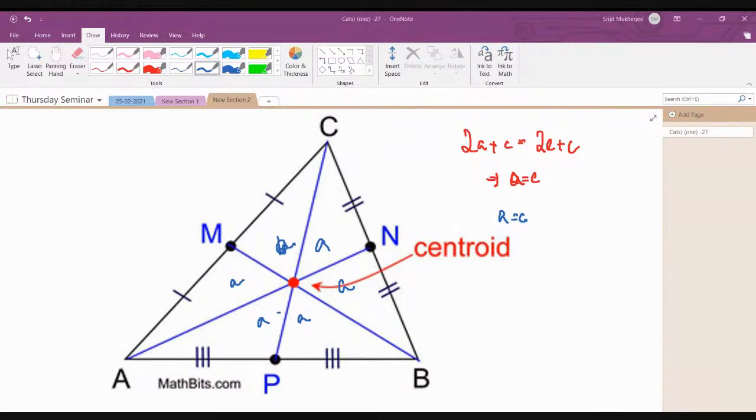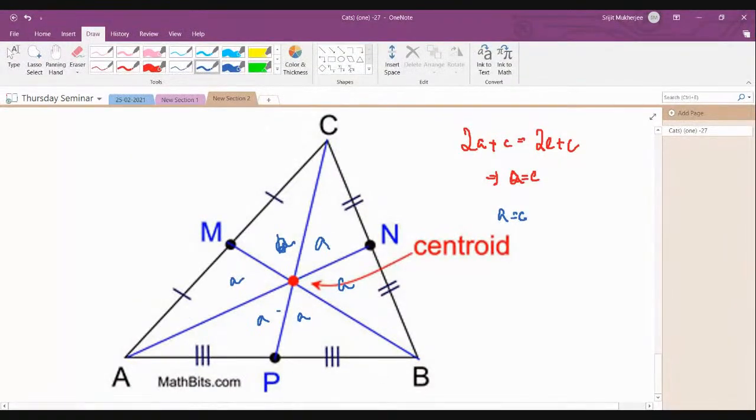Okay? Did you understand, guys? Any doubts? So we use the basic definitions of median to understand and solve the problem. Did you understand, guys?